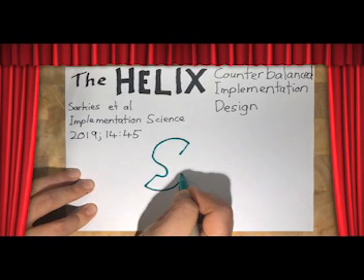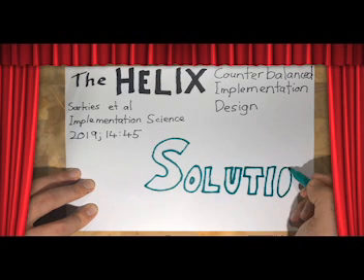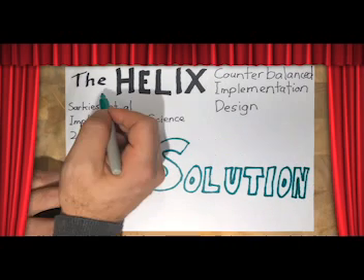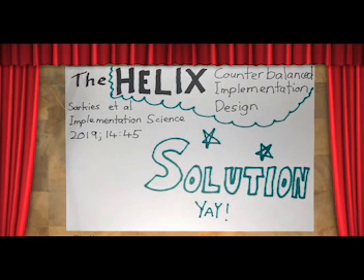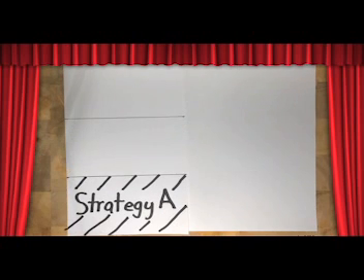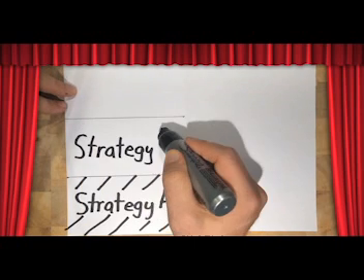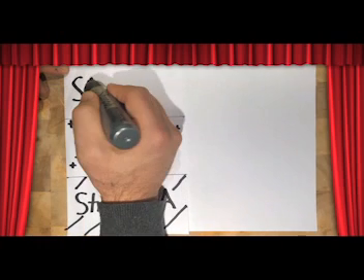In this paper, we have proposed that a solution to this problem can be found by using the Helix counterbalanced implementation design. This research design recognizes that there may be many different types of knowledge translation strategy that we may need to compare in our research.